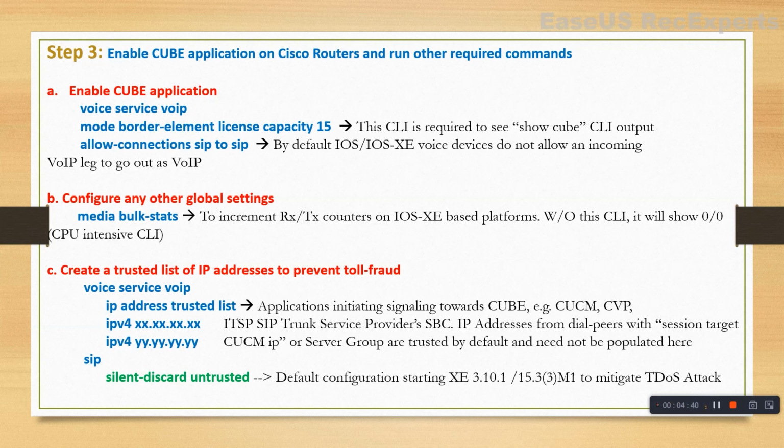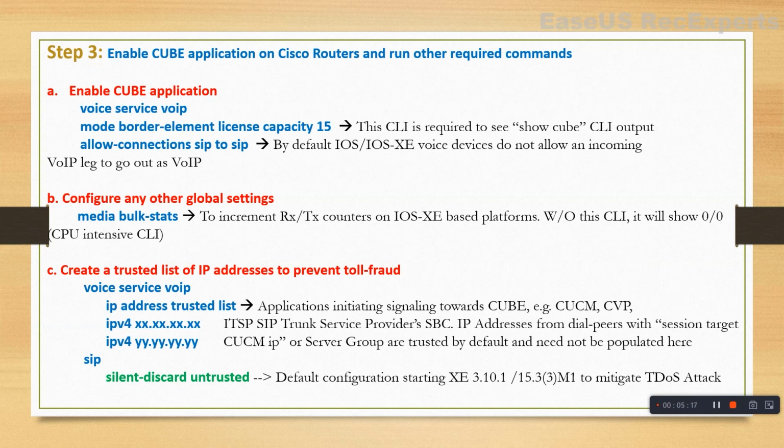So TDoS, or telephony denial of service attack, is kind of flooding your organization or flooding your telephony system with malicious incoming calls. So to mitigate that TDoS, these configurations are needed. We have to add the trusted IP addresses. If your IOS is older than 15.3, we have to add silent-discard untrusted, otherwise it's added by default. It's a default configuration after 15.3.